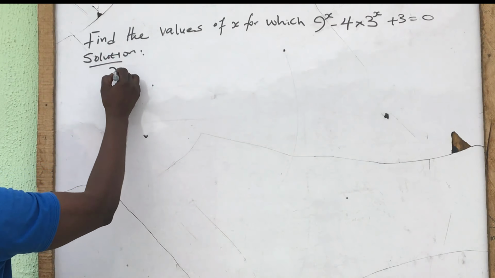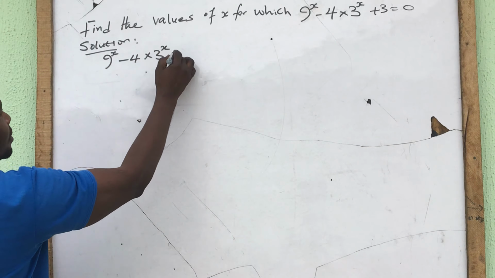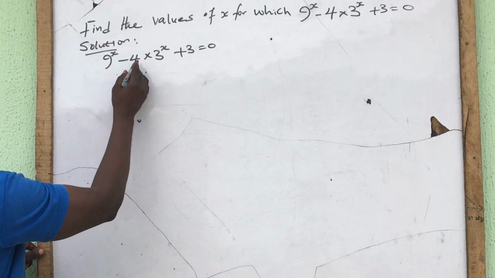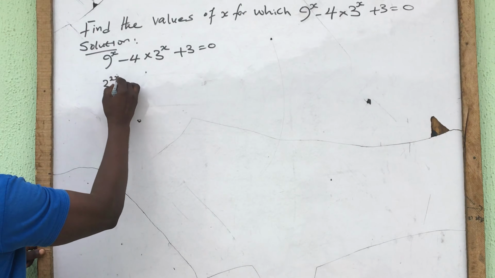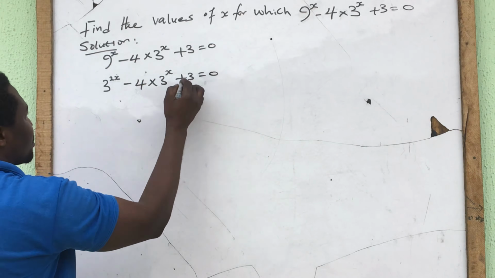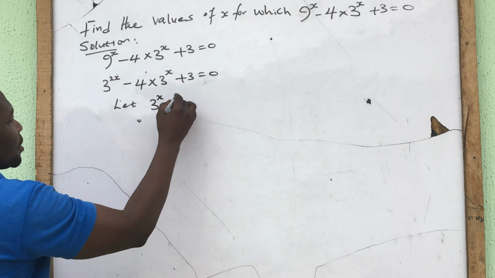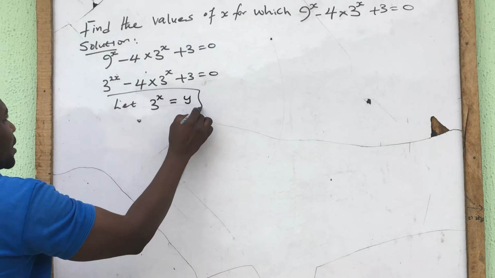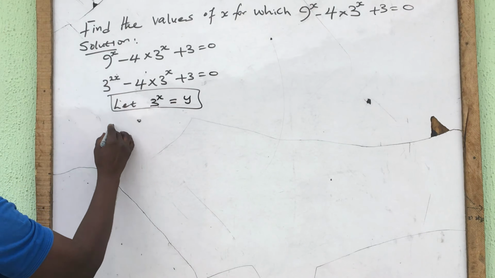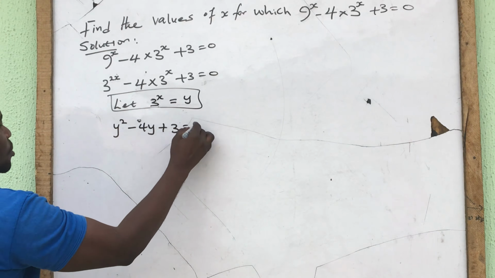Look at it: 9 raised to power x minus 4 times 3 raised to power x plus 3 equals 0. To solve this type of problem, we write it as 3 raised to power 2x minus 4 times 3 raised to power x plus 3 equal to 0. Let 3 raised to power x equal y. We substitute, that is y squared minus 4y plus 3 equals 0.